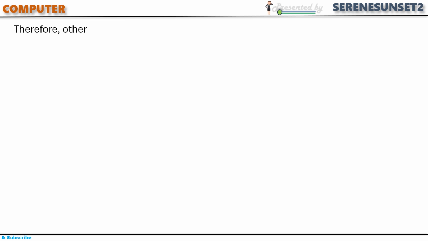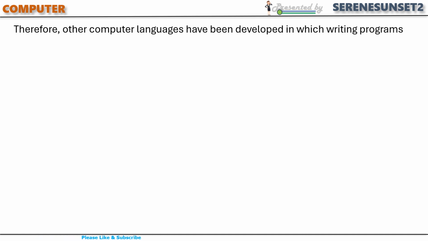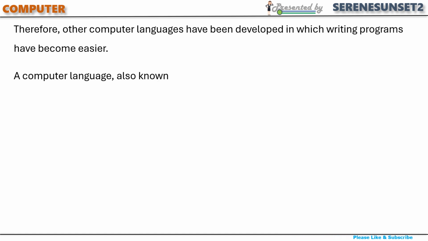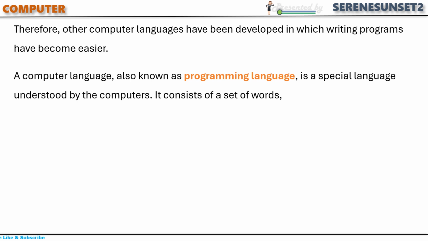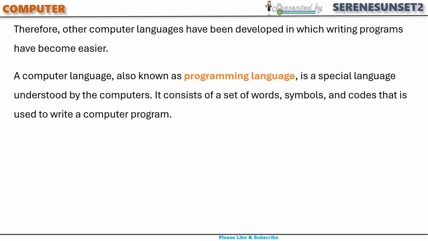Therefore, other computer languages have been developed in which writing programs has become easier. A computer language, also known as a programming language, is a special language understood by computers and consists of a set of symbols and codes that is used to write a computer program.